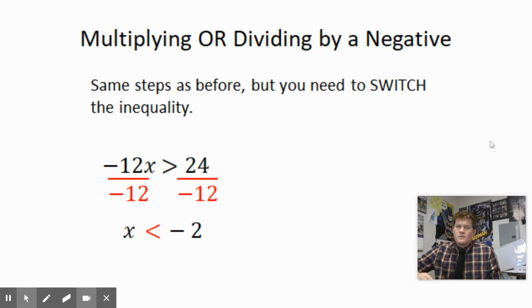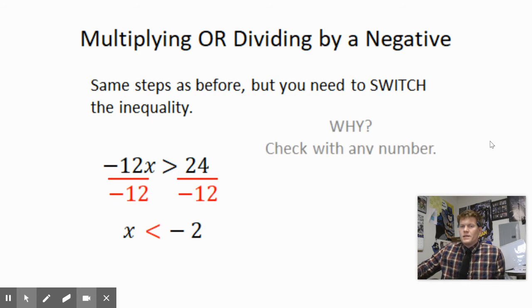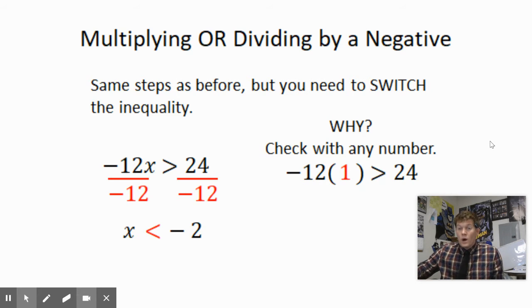I'll show you why that is. Let's say we didn't switch it around. Let's say it was still x is greater than negative 2. What's a number that's greater than negative 2? Well, you have negative 1, 0, 1, 2, and so on. I'm going to pick one of those easy ones to work with, and I'm going to plug it in. Let's say I had 1, and I plugged 1 in for x. So instead of negative 12 times x, I had negative 12 times 1, because 1 was greater than that negative 2.